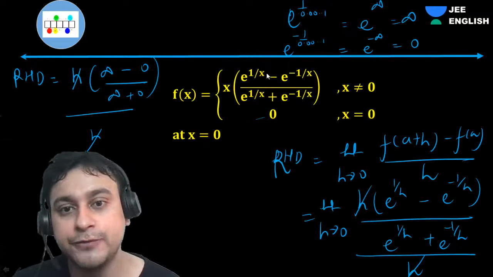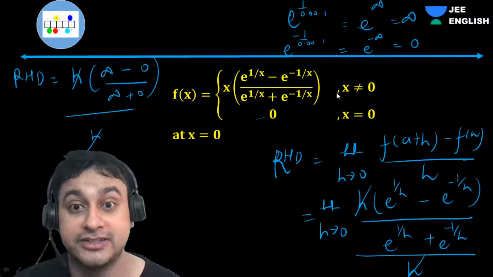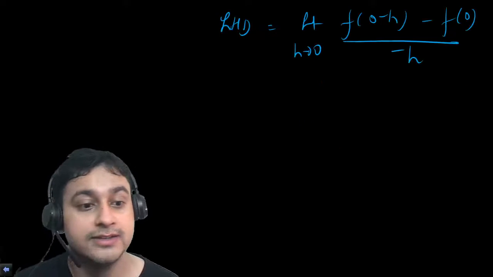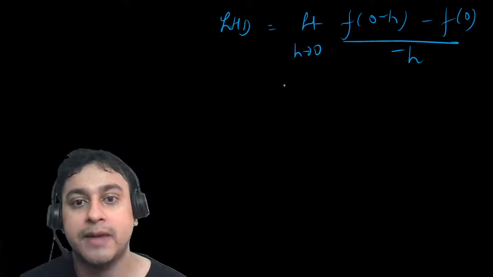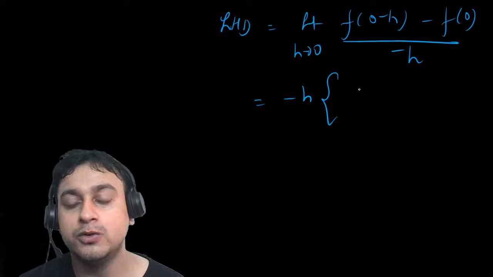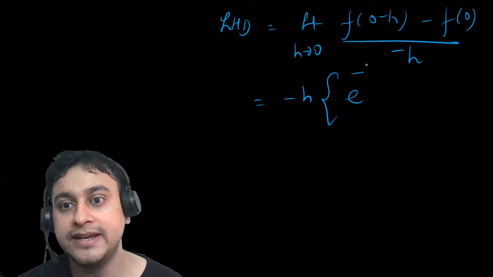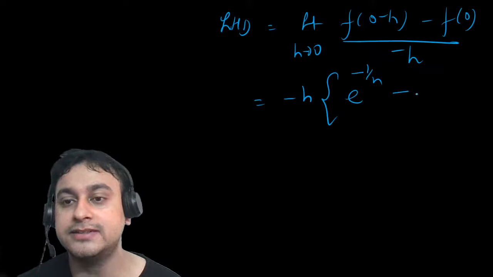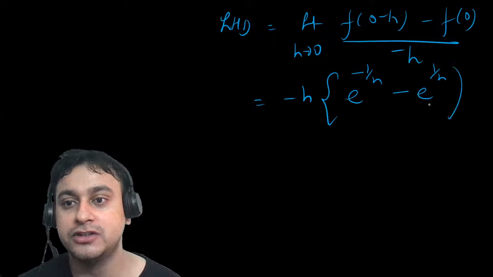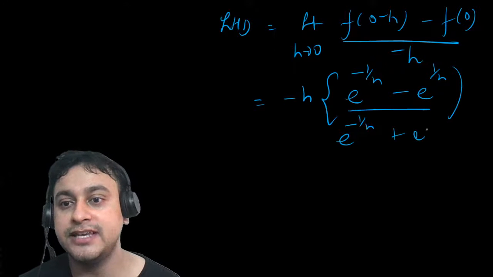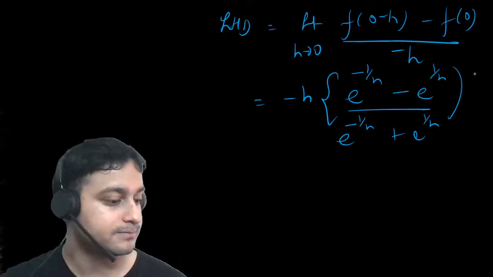So what will happen, guys, if you put here in place of x minus h? So wouldn't I get something like minus h into, let's suppose, e power minus 1 by h minus e power 1 by h, divided by e power minus 1 by h plus e power 1 by h, right?